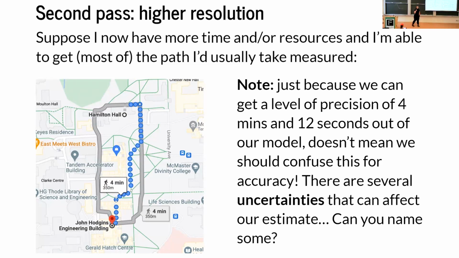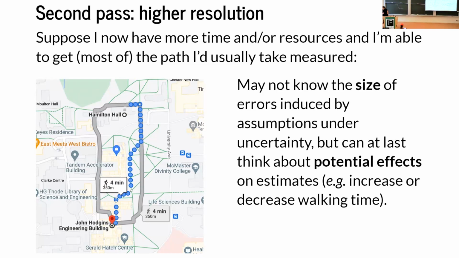So it's very important to be careful how you frame and contextualize your results for anyone, especially people making decisions. And yes, we talked about this a bit. We might not know the size of the errors, but we can at least think about what direction those errors are pushing the estimate. That can also be very helpful.